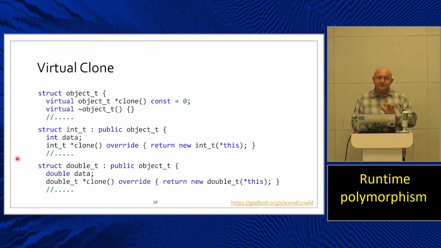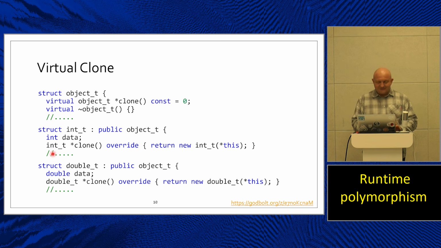So please note, this override is correct because you can override a function specifying another, but covariant, I would like to say, return type, like object t here, int t here, because functions cannot be overloaded by return value, but functions can be overridden by the return value.